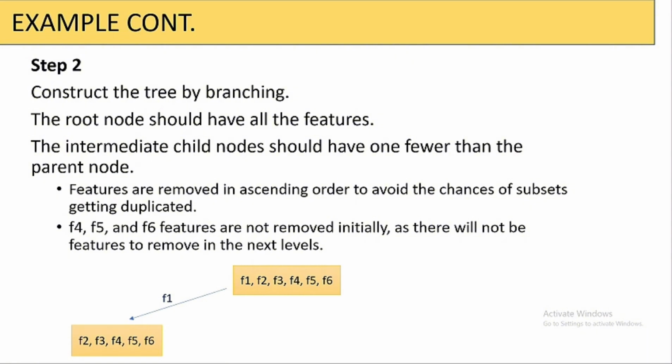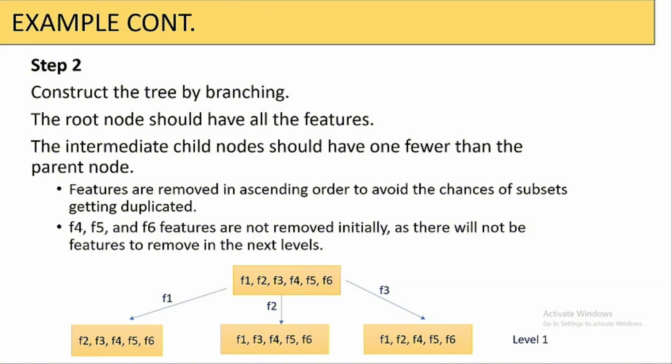Then I am going to remove f2 and create this node. And then here I remove f3 and create this node. As you can see here, I removed these features in ascending order. That was done to avoid the chances of subsets getting duplicated. So this is my level 1.